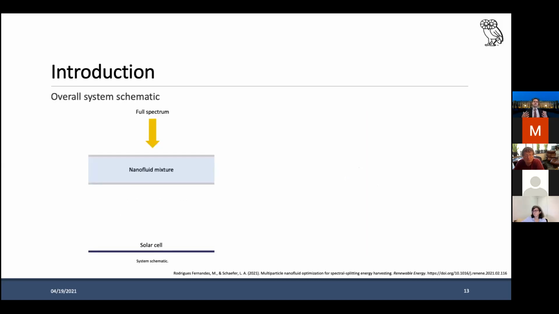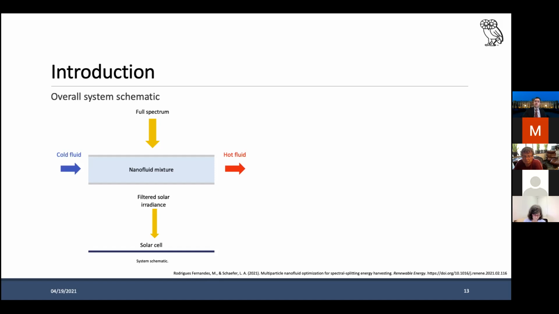The overall system schematic of a spectral splitting CPVT system that uses nanofluids is represented in the figure on the left-hand side. The full spectrum solar radiation passes through a nanofluid filter that can absorb radiation at selected regions of the spectrum. The nanoparticles absorb energy and heat up the fluid that can now be used for heating other systems or generating electricity using a thermal system.